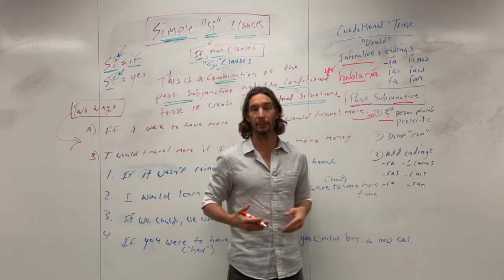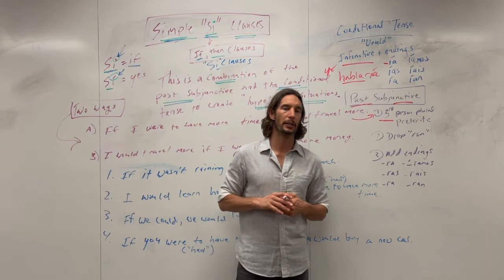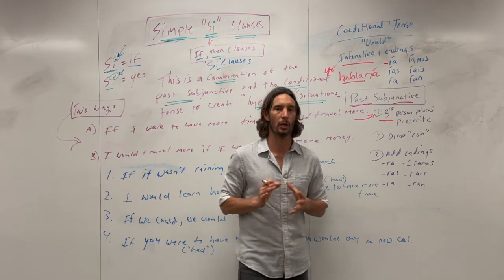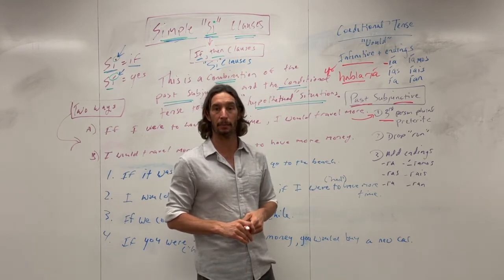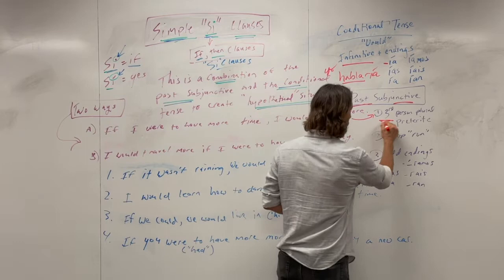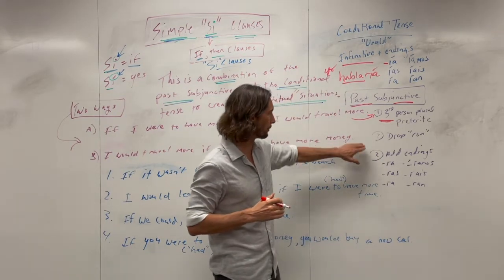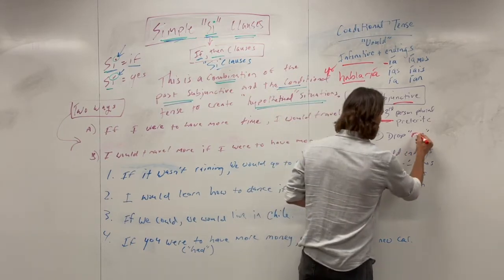Again, if you need that, check out the video. That's a really meticulous and challenging tense for sure, so you really need to have that dialed in before you can get the past subjunctive dialed in. So that's step one, or probably I should say that instead of rule one, but either way, you drop the ron.